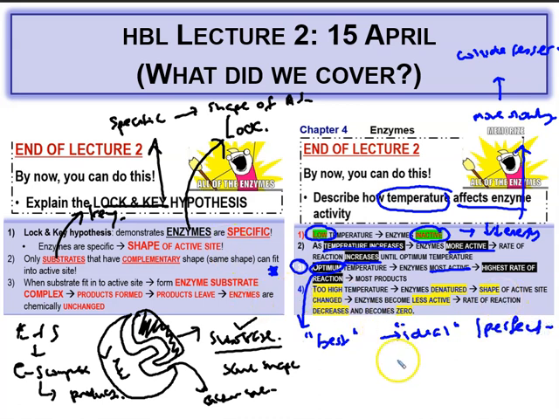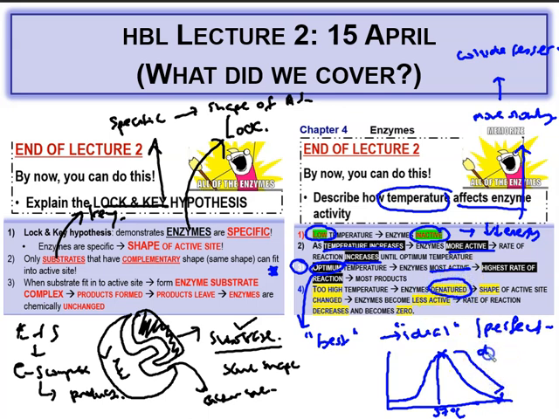Then when the temperature becomes too high, I'll draw the graph for you. At first it's very low because the rate of reaction is very low. Then it slowly increases all the way to a particular point known as the optimum temperature. In human beings, this is 37 degrees Celsius. After that, it will start to drop until it becomes 0. Why is that so? Because at this part here, the enzyme has become denatured.